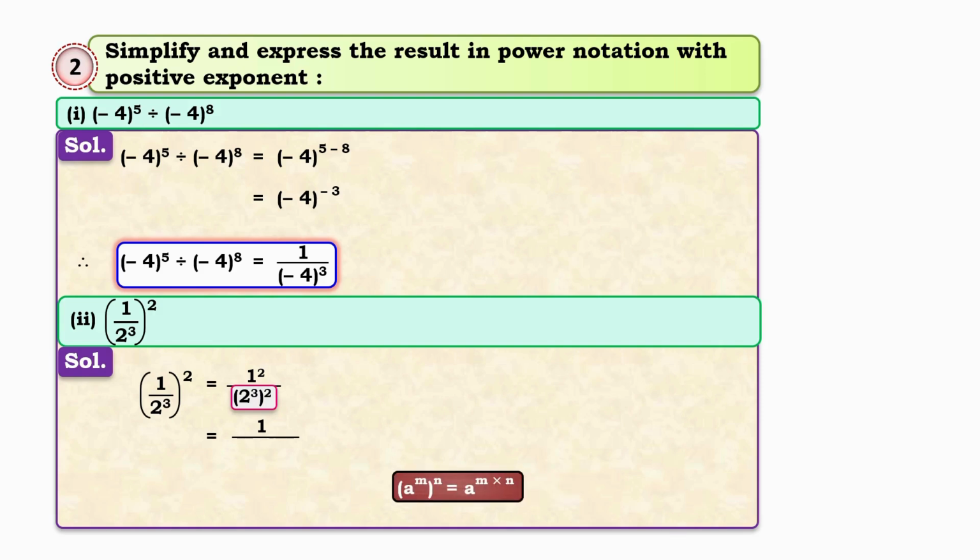So now we are going to apply this law (a to the power m) to the power n equal to a to the power m into n. So which is coming 1 by 2 to the power 6. Though it is written as minus 4 to the power minus 2, that is wrong. It should be (1 by 2 to the power 3) to the power 2. So there is a printing mistake over here.